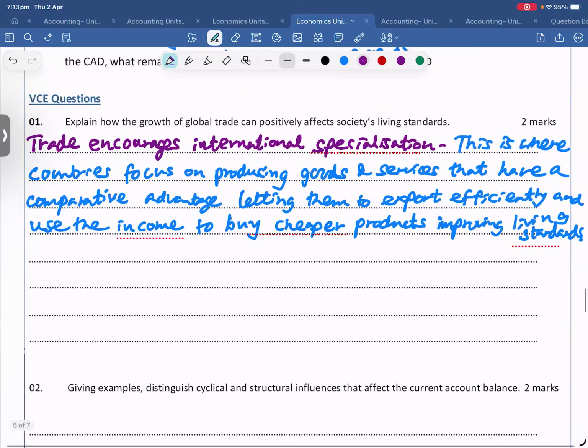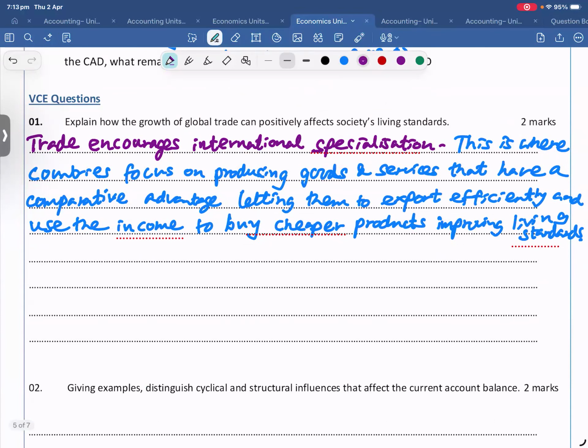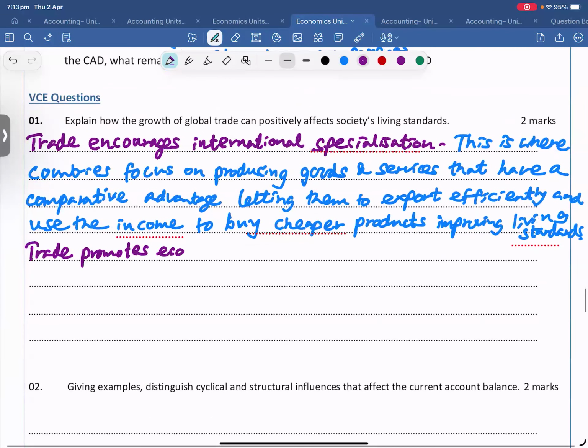Right. Number 2, trade promotes economies of large scale production.